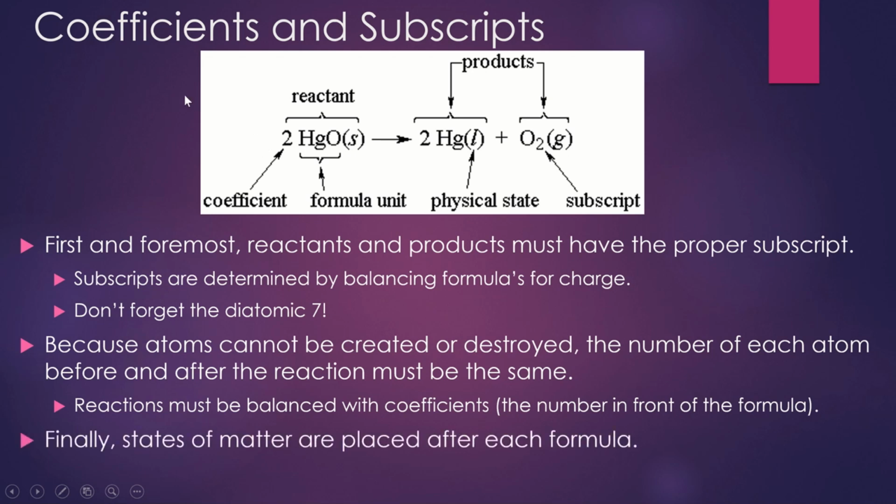Finally, then, the last thing we should do is apply states of matter. So mercury oxide, that's an ionic compound, so we'll call it a solid. Elemental mercury is a liquid, there's an L, and elemental oxygen is a gas, G for gas. This third state down here is aqueous. We symbolize that with AQ. We'll discuss that a little bit more in a couple of slides.